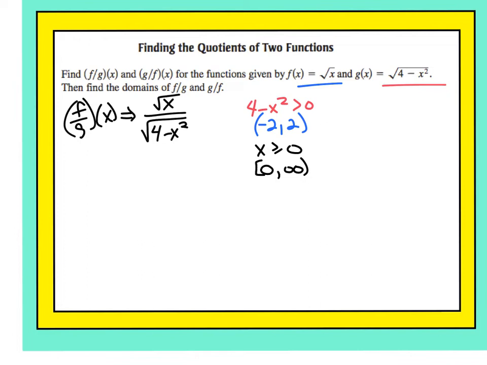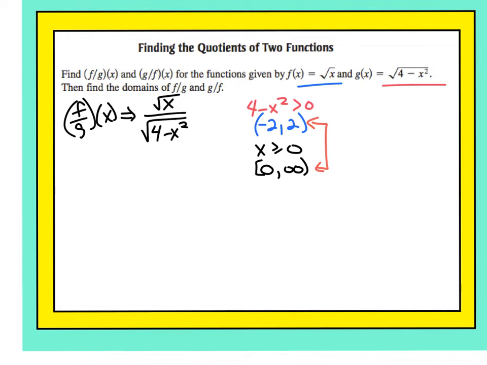Now we need to combine these two parts of our domain. All right, so now I need to combine those. So what could be my lowest number it can be now? 0. Because negative 2 is not actually on this interval yet. These have to be unionized. Okay?